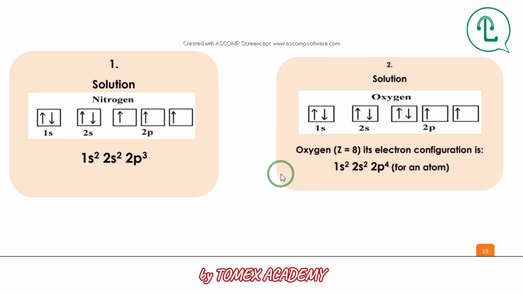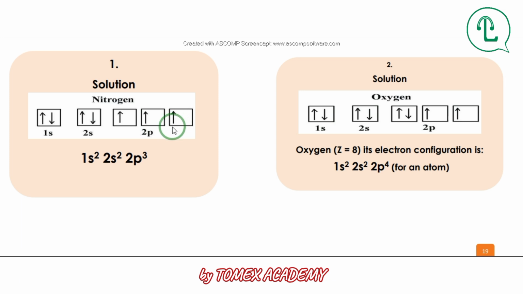Now look at this. So, this is the order of fill. This s subshell orbital will contain a maximum of 2 electrons, and this a maximum of 2 electrons. And this 2p, p can take a maximum of 6 electrons.